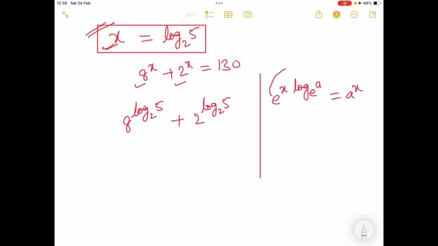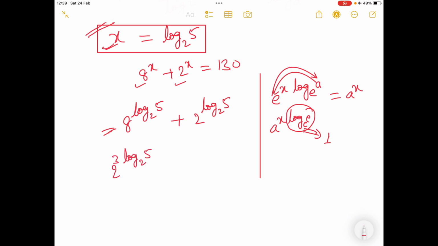We just replace e with a and a with e, then it will be equal to a to the power x log e base e, and log e base e is equal to 1. We know this thing. Therefore, this equation can be written as 2 to the power 3 log 2 base 5 plus 2 to the power log 2 base 5.